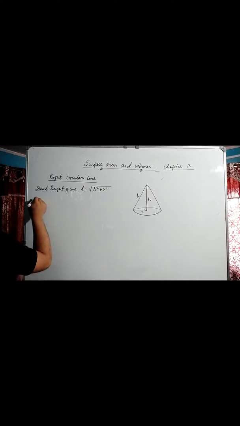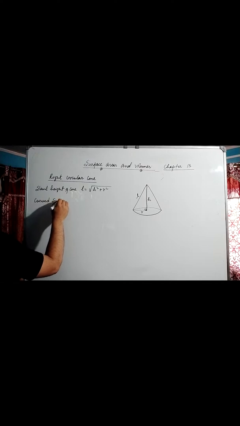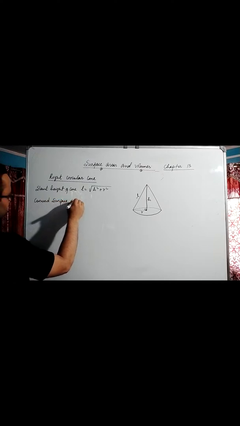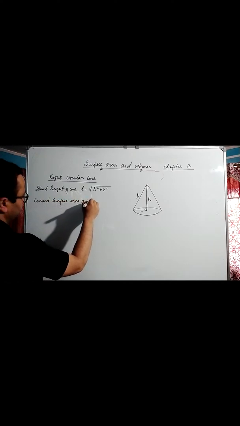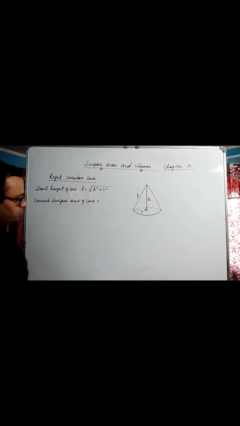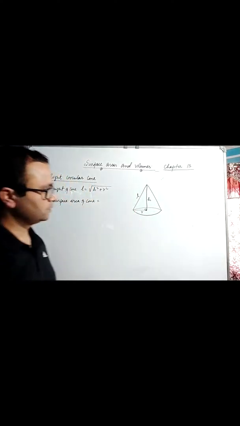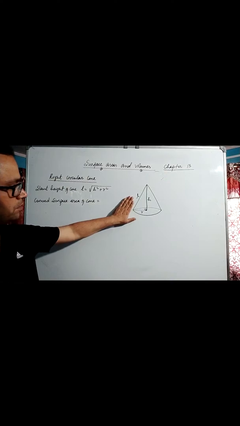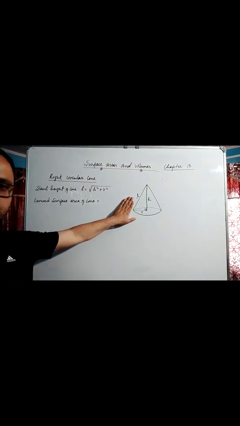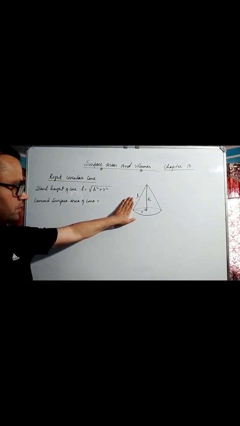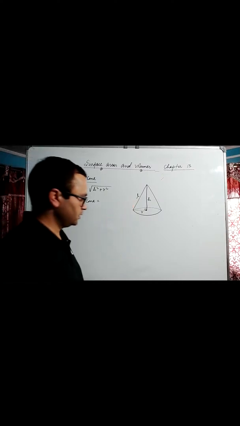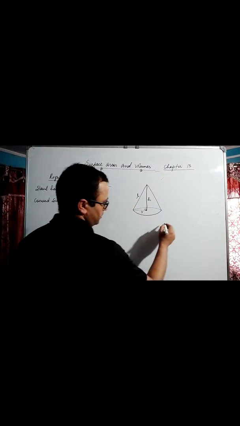Now curved surface area of cone equals to, now curved surface area. Cone is made from semicircle.